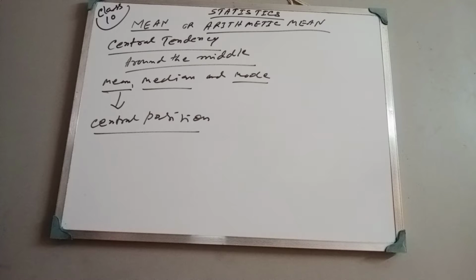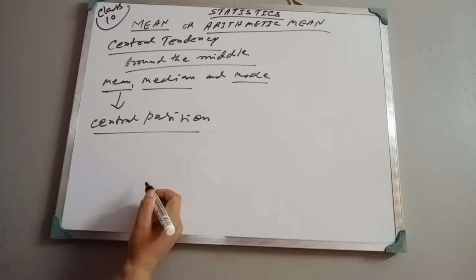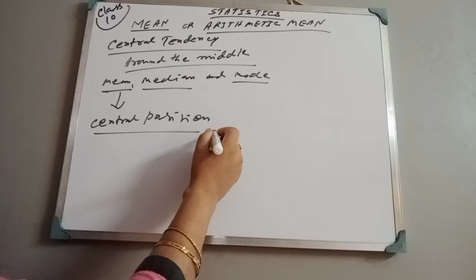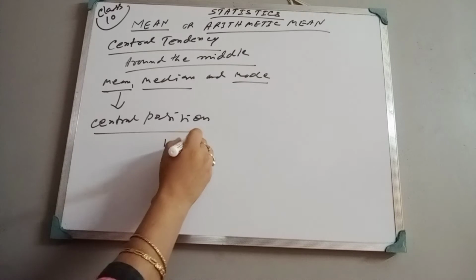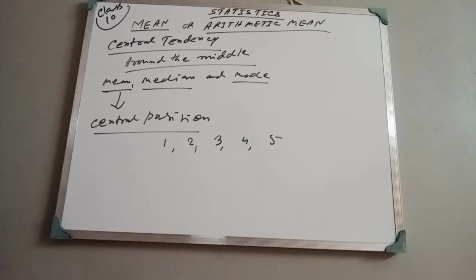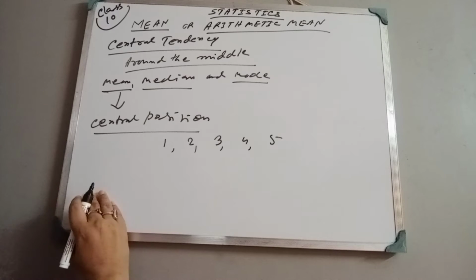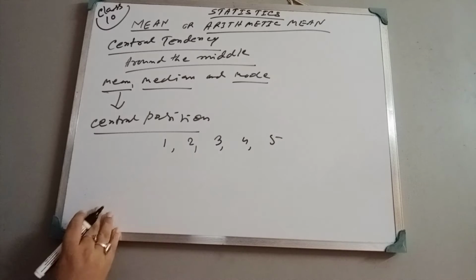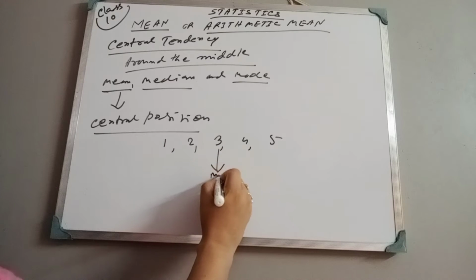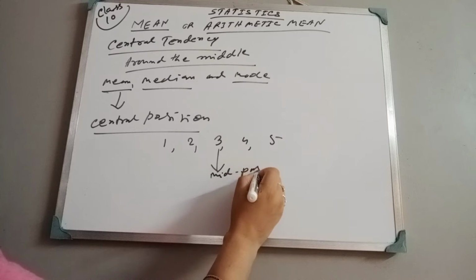If the numbers of data are arranged in ascending order, then the mid number or the position of nearby numbers is called the central position. If I write 1, 2, 3, 4, 5 in ascending order, then 3 is the mid number, or we can write mid position.